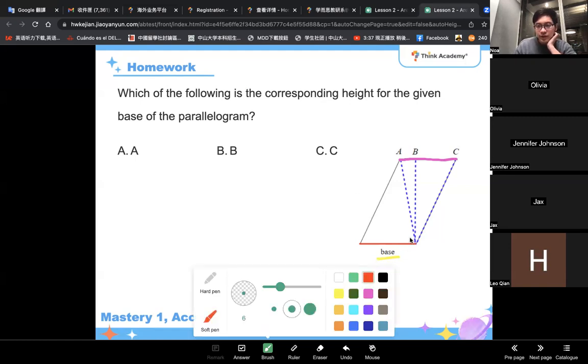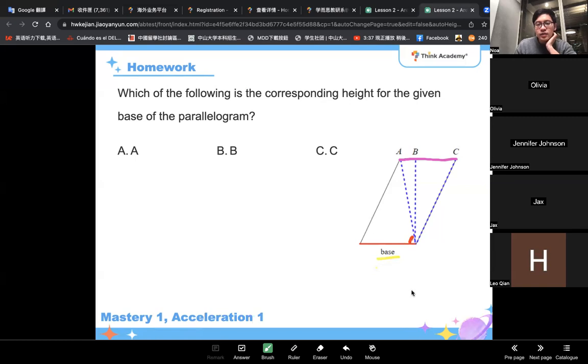Is this a right angle? No. So it is not perpendicular. B, yes, B and the base form a right angle, so it is perpendicular. And C and the base form an angle greater than a right angle, an obtuse angle, so it's not perpendicular. That's why B is the height. Always remember the height is the perpendicular distance between the base and the opposite side.